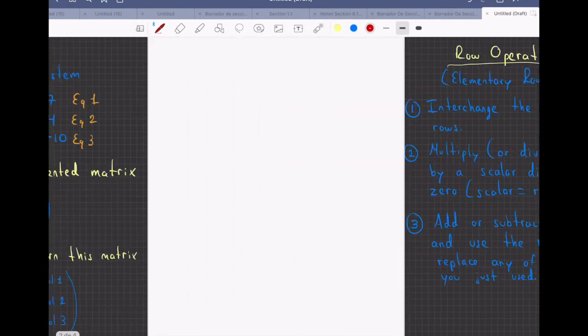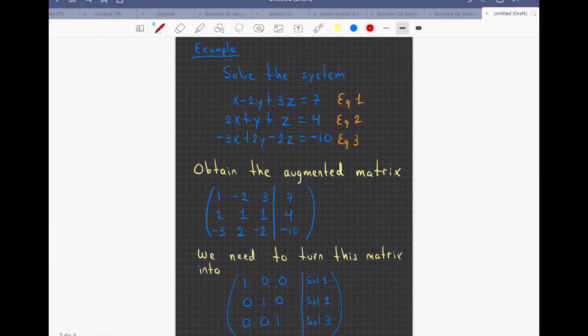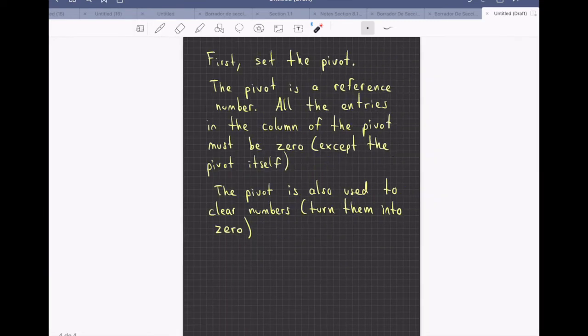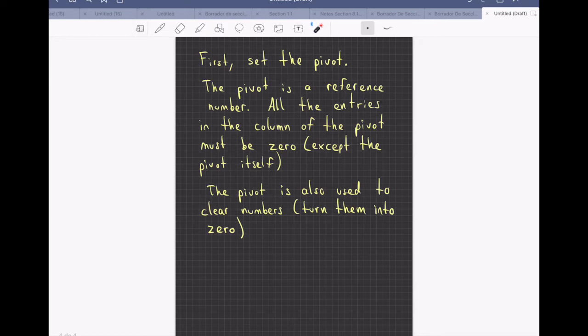All right, so again, I'm going to work on this example. I will turn this matrix into this one by using these operations. So this is like again like a game. These are the rules we are allowed to follow. And by this, the pivot is going to be a number of reference.